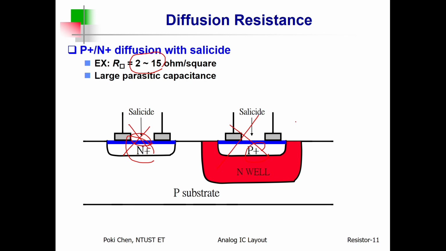What you can do? Stop them. But how to stop them? You need something called black mask. All right? Such kind of mask can be used to stop silicidation to get much higher resistance.